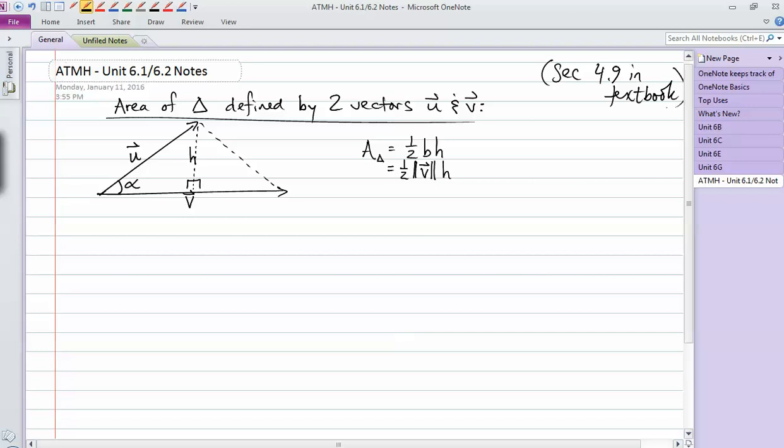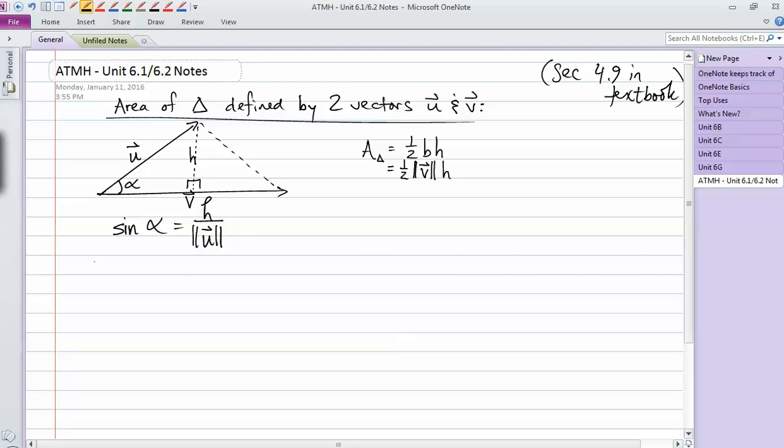I realize the formula that we use for the angle between two vectors involves cos theta, but you'll figure it out. Okay, so alpha's there. And if I wanted to involve the height and the u there, then I'm going to have to use sine for opposite over hypotenuse. So sine of alpha is going to be h over the magnitude of u.